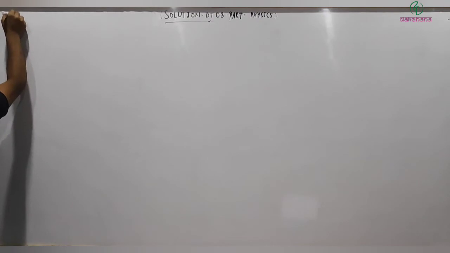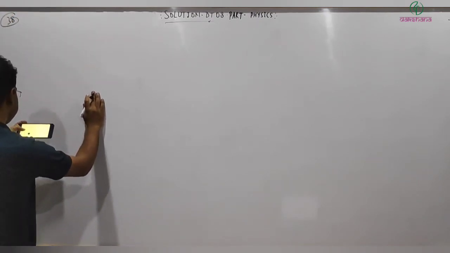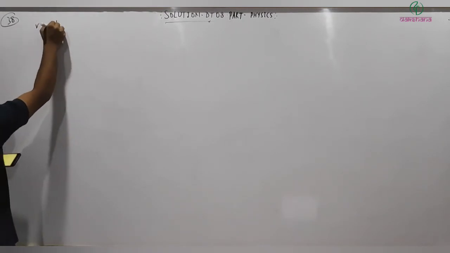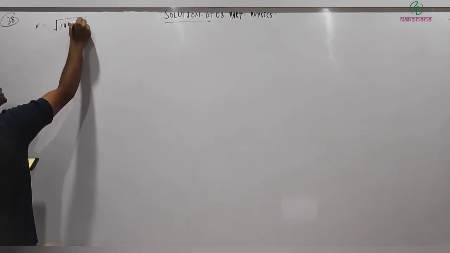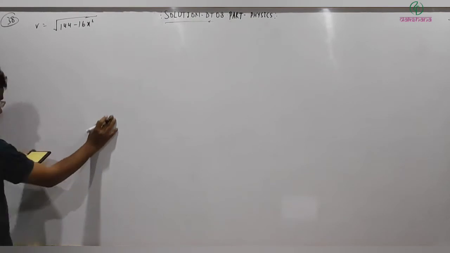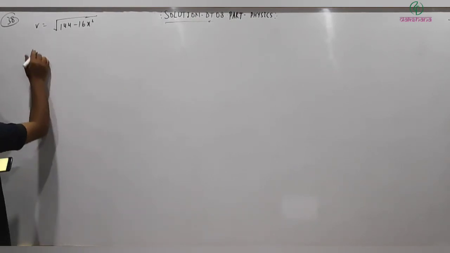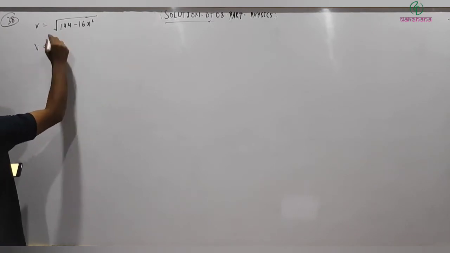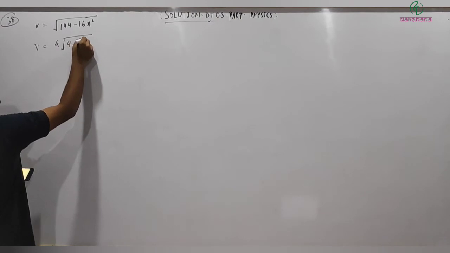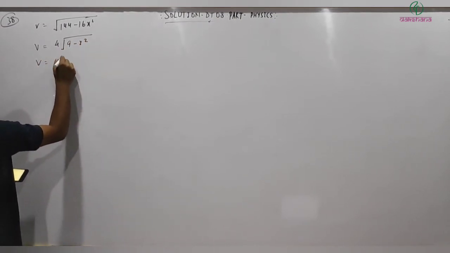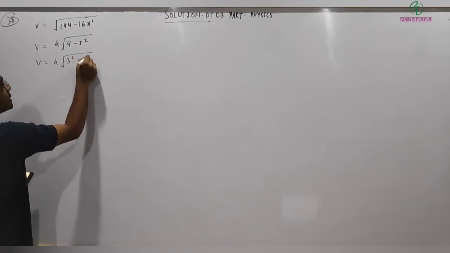Okay, next question number 38, it's given that for a body in SHM, the velocity is given by v is equal to under root 144 minus 16 x square. The maximum acceleration is, so first let me rearrange it. I can take 16 out from it, so it's 4, then it's under root 9 minus x square, and this can be written as 4 under root 3 square minus x square.